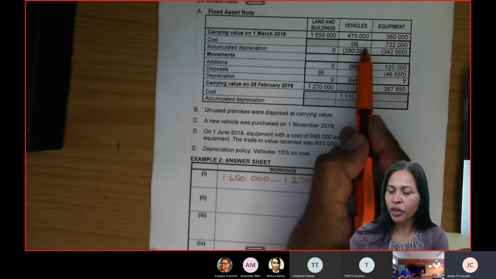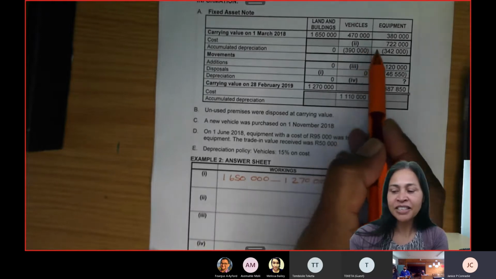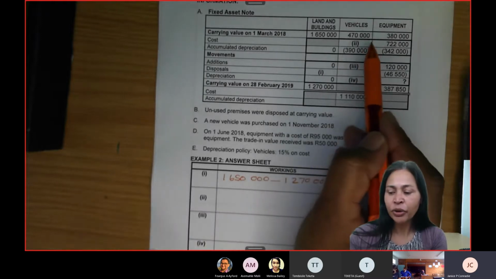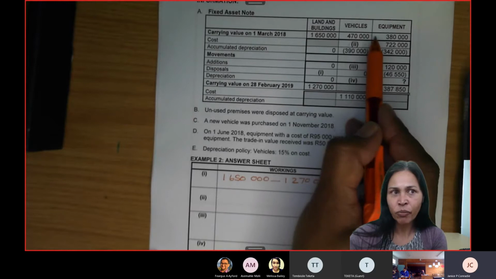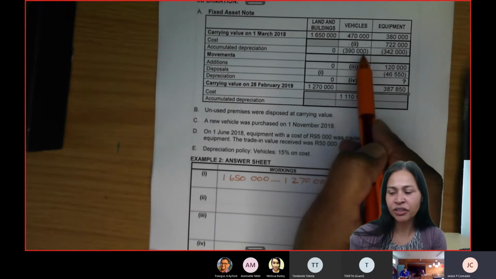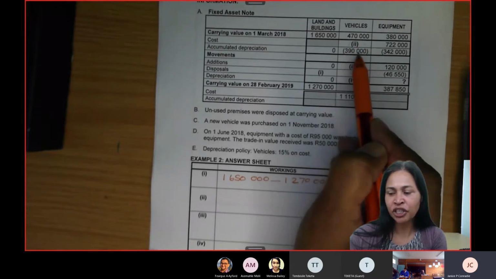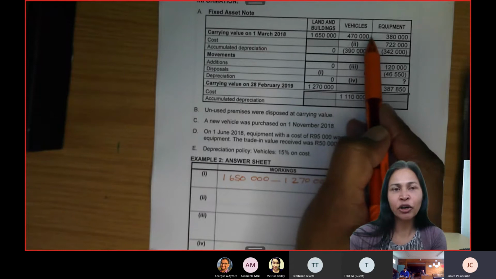So number 2, they want us to find the cost. Now, again, that's a straightforward one. I know that in order to get carrying value, I would say cost minus accumulated depreciation. Now I need to switch it around. Remember, my cost minus accumulated depreciation gives me my carrying value of 470,000.